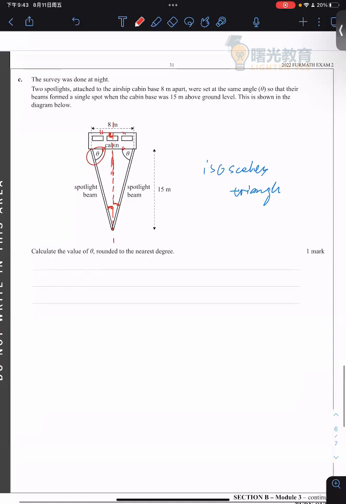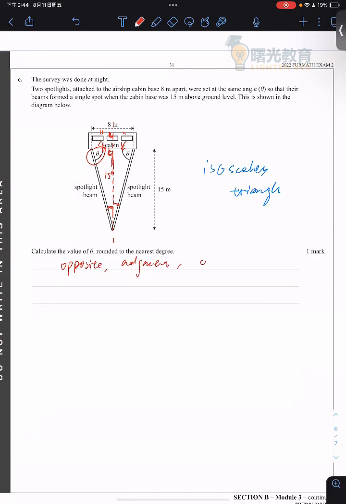So we bisected 8 meters, so each side would be 4 meters, all right? And then the height is 15 meters, and we're looking for theta. In this right angle triangle, consider the angle theta. We know the opposite, we know the adjacent.